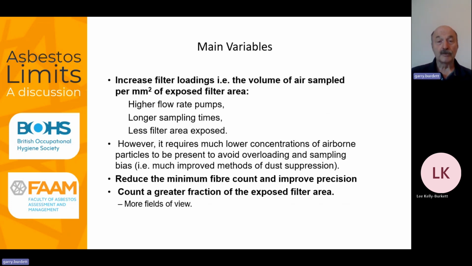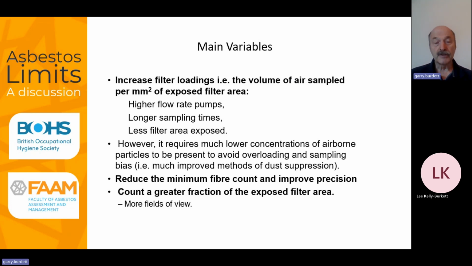Some of the main variables: we can increase the filter loading, use higher flow rate pumps, longer sampling times, or less filter area exposed. But all of these, loading the filter more, require much lower airborne concentrations of asbestos to avoid overloading and sampling bias, which implies there must be much more improved methods of dust suppression in use.